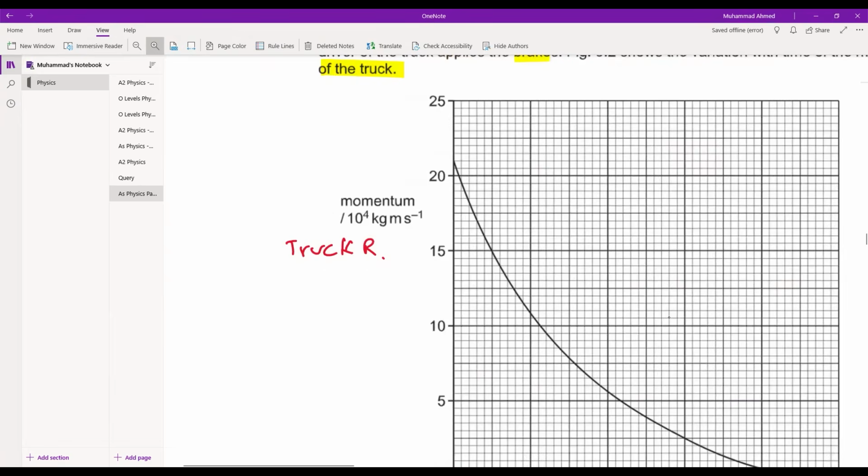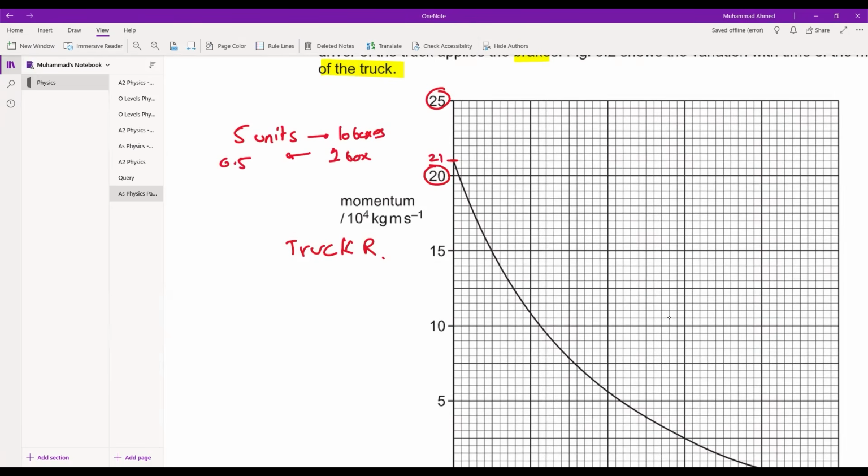Let's zoom in a bit. What is the initial momentum at time t equals 0? How do you calculate this? Can you realize from 20 to 25 you are covering 5 units in how many boxes? 5 units are covered in 10 boxes. In one box, how many units are covered? 0.5.